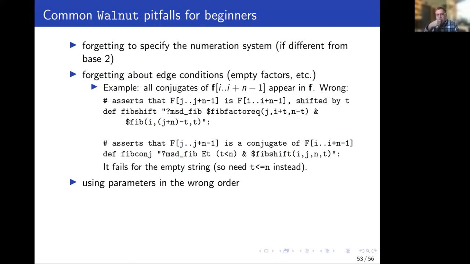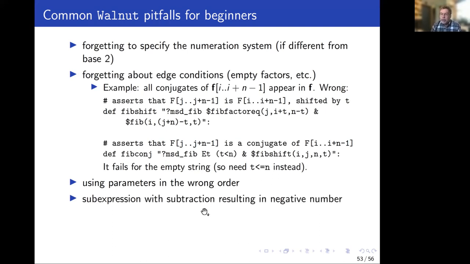Another mistake is using parameters in the wrong order. Remember that when you call something like fib shift, the way fib shift was defined, the free variables are i, j, n, and t, and it expects you to give them in that order. So it expects the first thing to represent i in this formula, the second to represent j, and so forth.